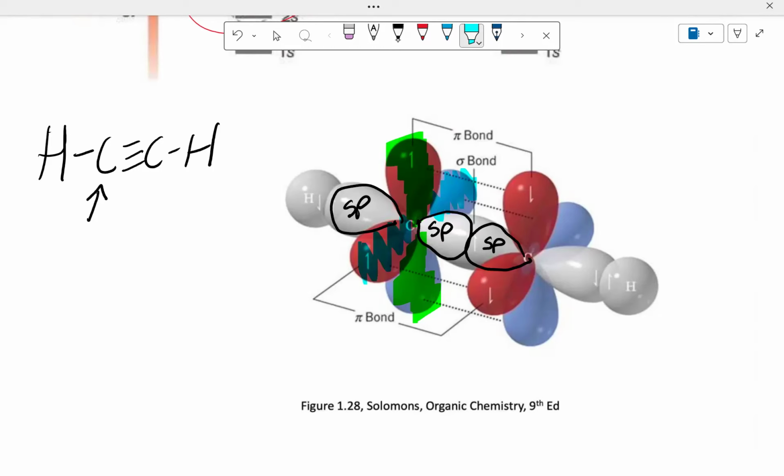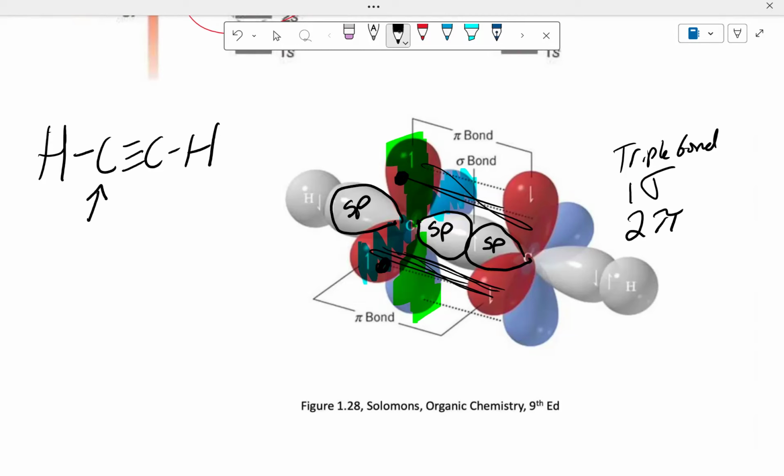And if each of them has an electron in it, and it's overlapping side to side with the other unhybridized p orbitals on the other carbon, you have pi overlap this way and pi overlap this way. And so a triple bond is made up of one sigma bond and two pi bonds.